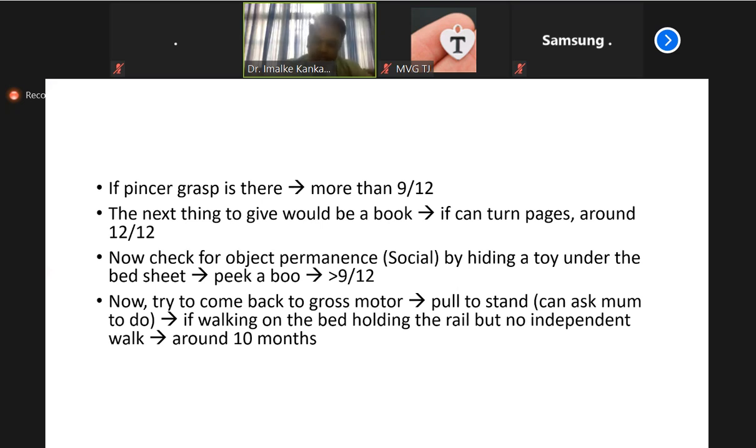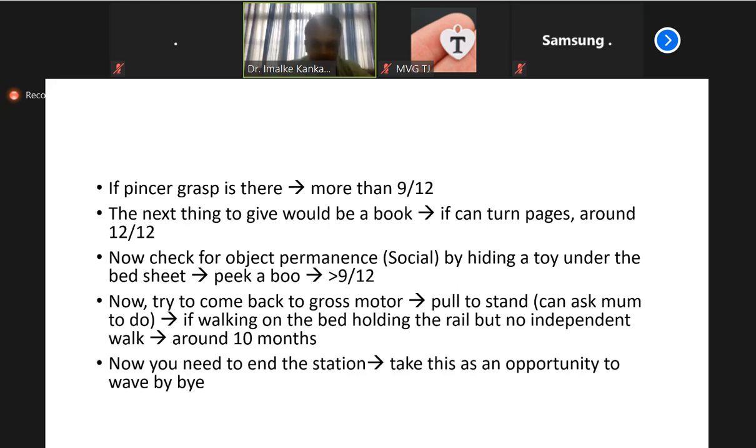Usually we don't expect you to take the child out of the bed and ask them to walk on the floor, especially in these circumstances. The child could cruise or walk around the furniture, but no independent walking. So that will be the commonest scenario.